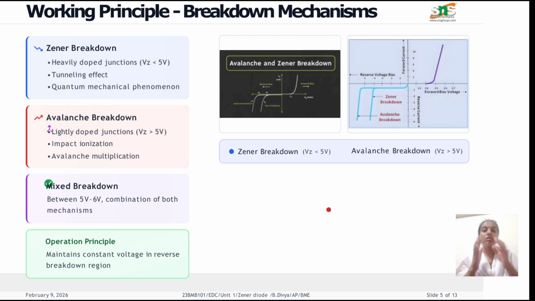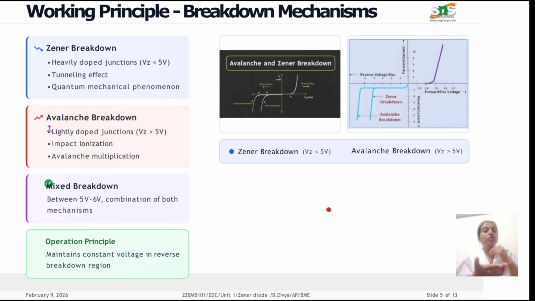Zener breakdown is in a heavily doped junction where the voltage is greater than 5 volts, whereas avalanche breakdown is in a lightly doped junction where we will be giving minimum voltage to it in the forward bias condition. In the Zener breakdown we have the tunneling effect, whereas in the avalanche breakdown we have impact ionization.